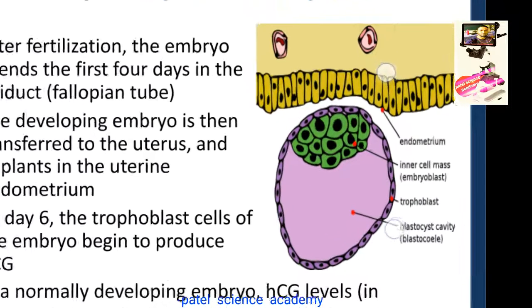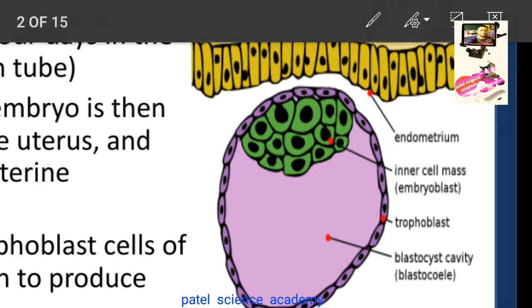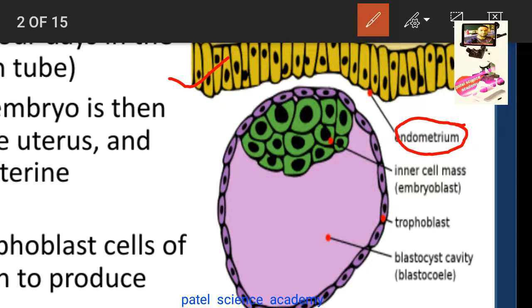So as you know, dear students, this is the diagram I explained to you earlier. This is the lining of the uterus, called the endometrium, and this is the developing embryo, having an inner mass called the embryoblast, taking its position at one point. You can see it in green color.